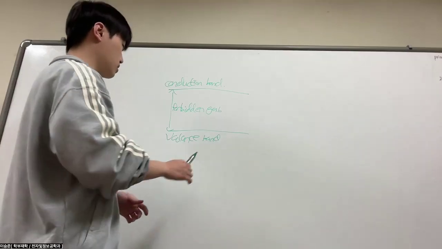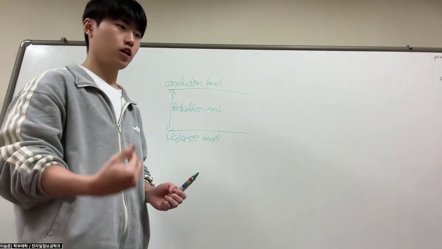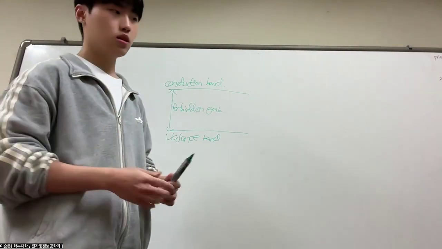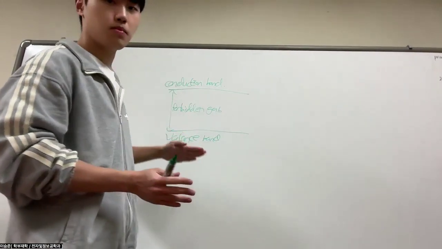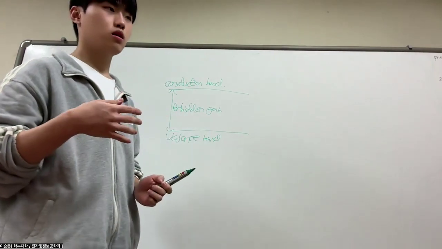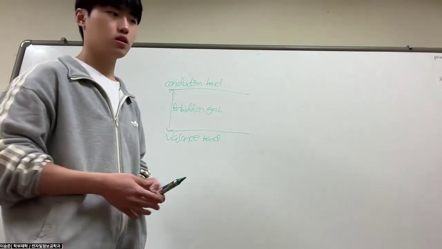So this is the semiconductor energy band diagram. But in a conductor, there is no forbidden gap, so the conduction band and valence band are put together, so electrons flow a lot.